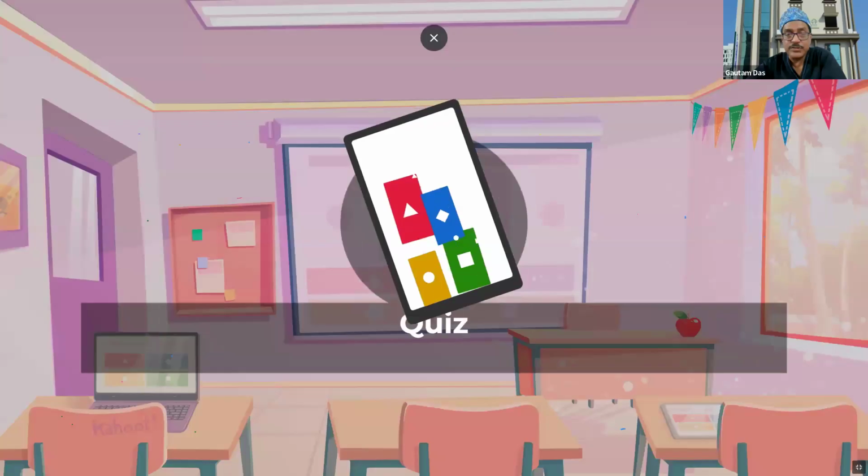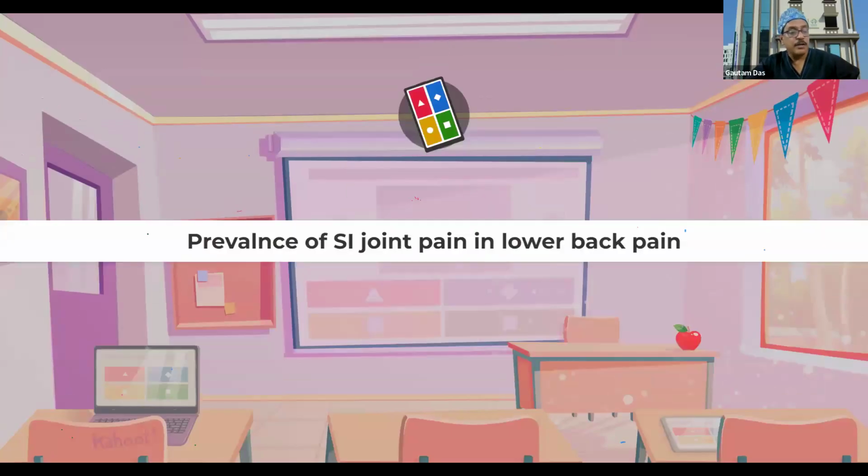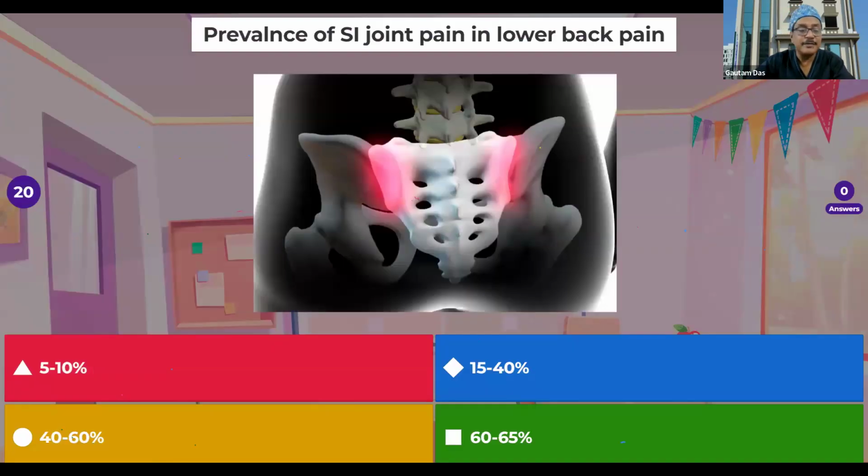Now come to this quiz. Prevalence of the SI joint pain as a cause of lower back pain.